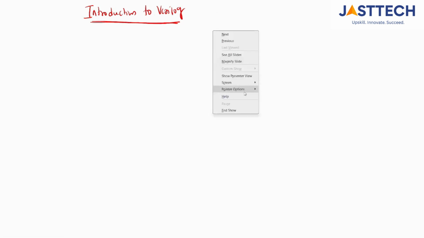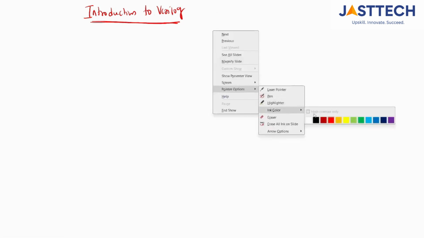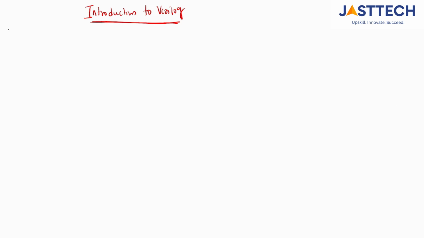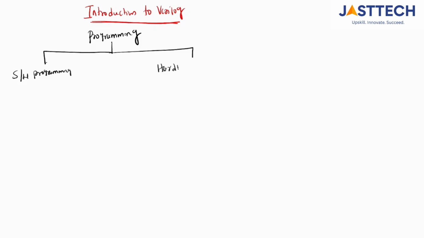So basically, if you look at programming languages, there are two types. One is the software programming language, and the other is the hardware descriptive language.